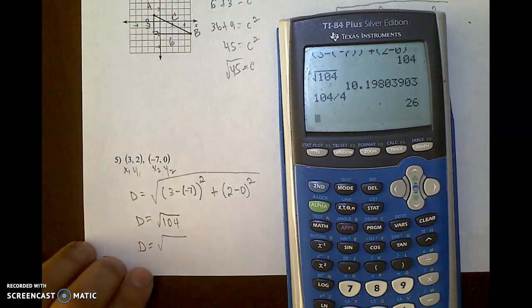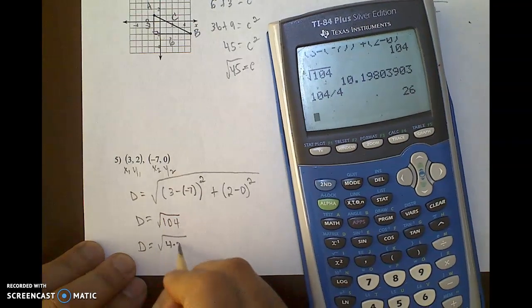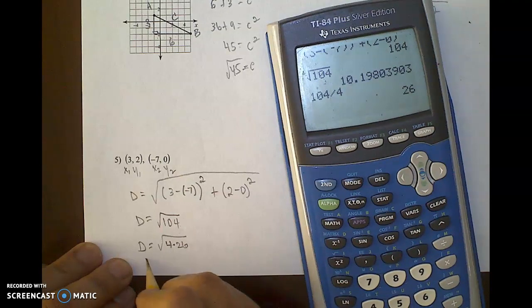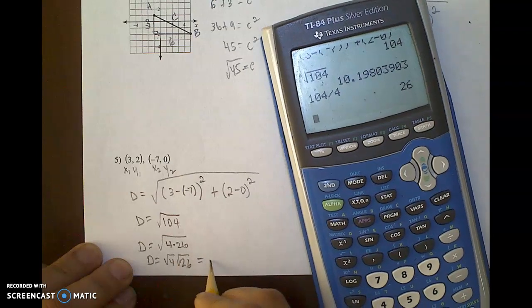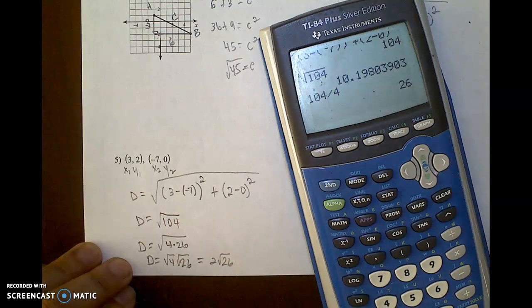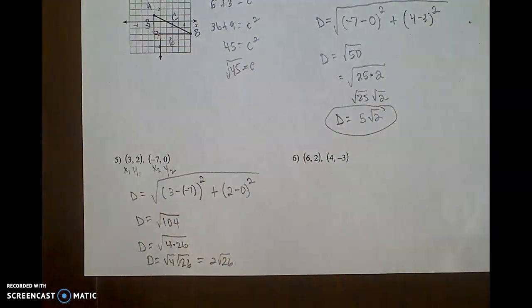So I'm going to break up 104 as 4 times 26, where 4 is a perfect square. So d is equal to the square root of 4 times the square root of 26. The square root of 4 is 2, and the square root of 26 stays, so 2 square root of 26. Now I'm going to pause the video. I want you to pause the video right now, and then see what you can do with number 6.